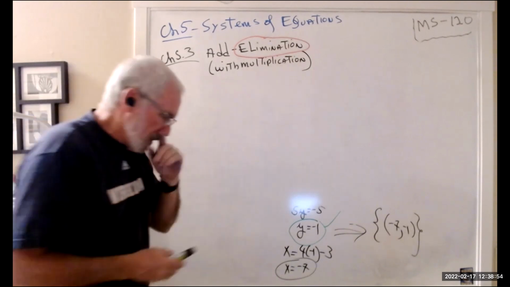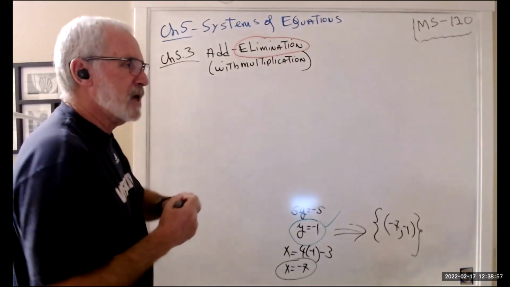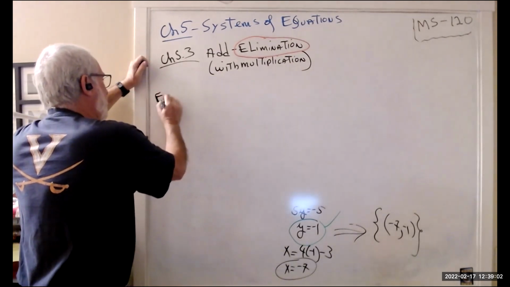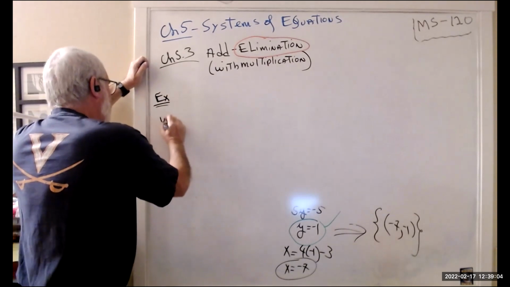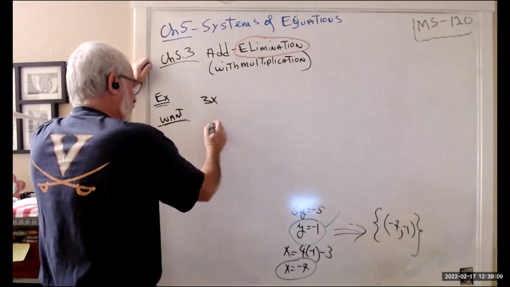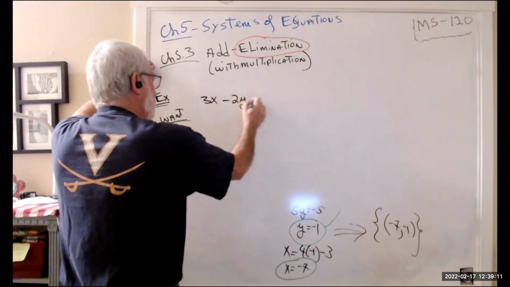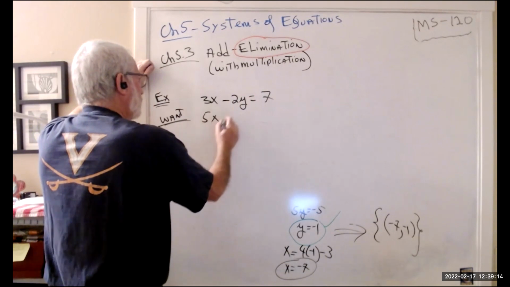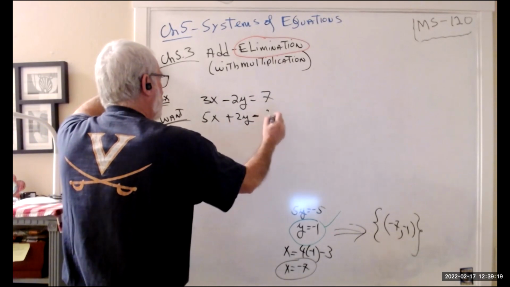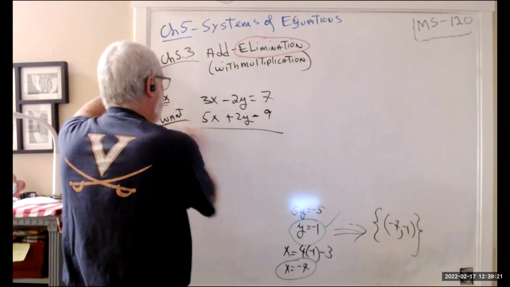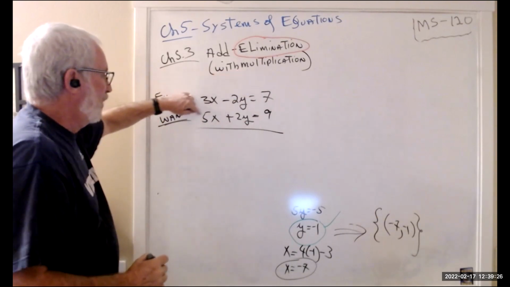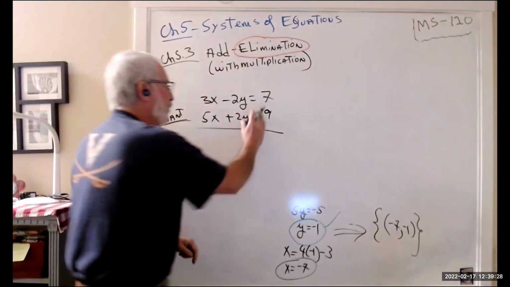Well, what's going to happen here is, this is just a quickie example, I'm going to erase it. But what we want is an equation that looks like this. 3x minus 2y equals 7, 5x plus 2y equals 9.